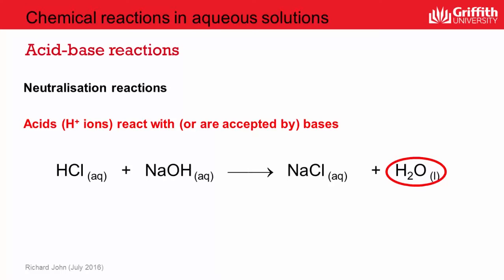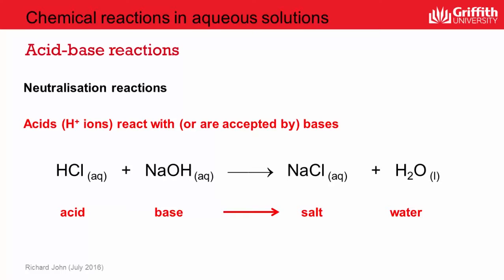So what you see over here is molecular compound water being formed along with the aqueous salt here. So we've got a salt plus water being formed from the acid and the base. And this is a generalized reaction that's very, very important and one that we should remember. An acid plus a base will give you a salt plus water.